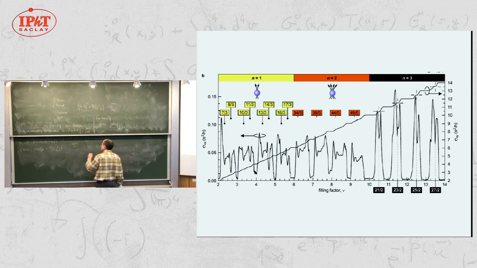So you decide that you allow operators that are made of one Majorana and one boson operator. Let me use some big O. So that's the Majorana, and that's the exponential of the bosonic field.